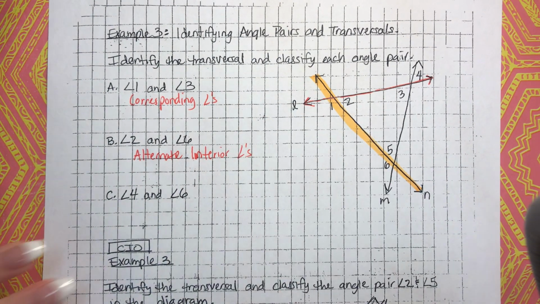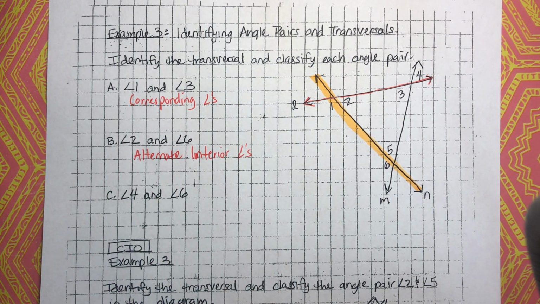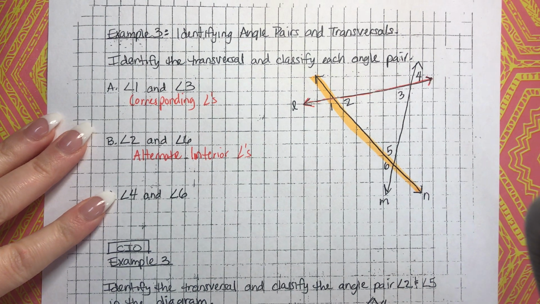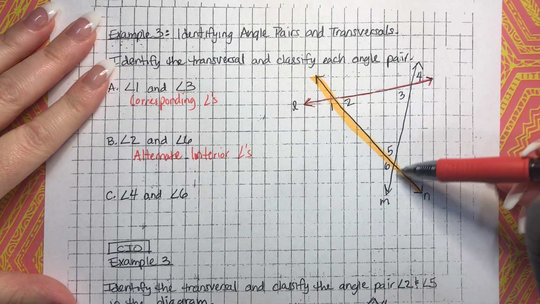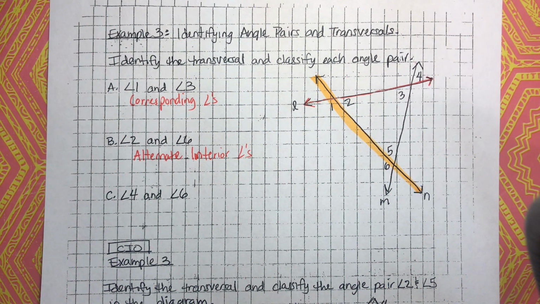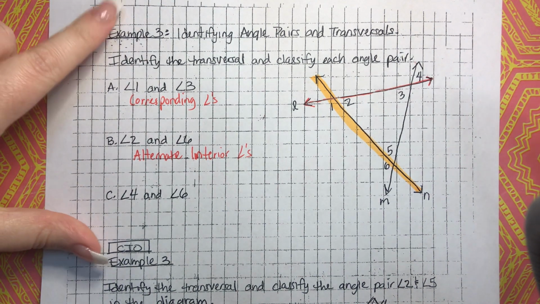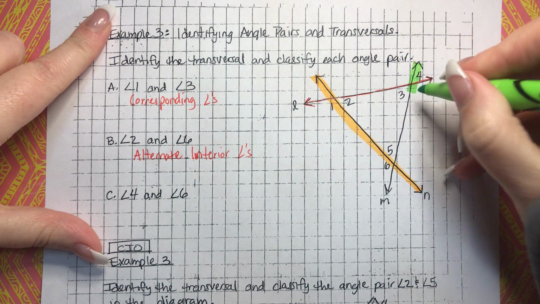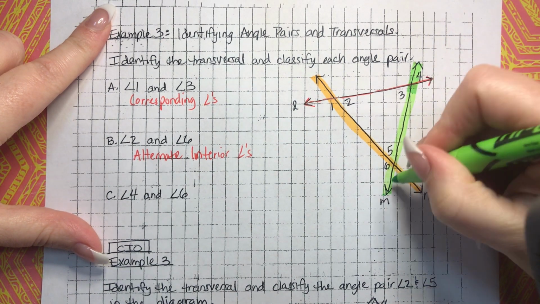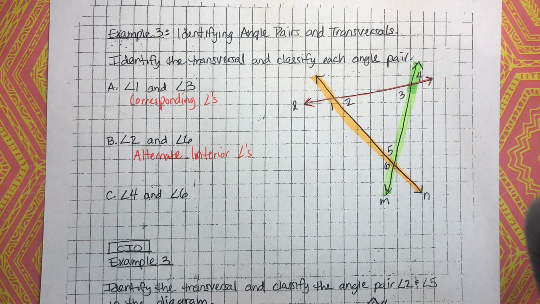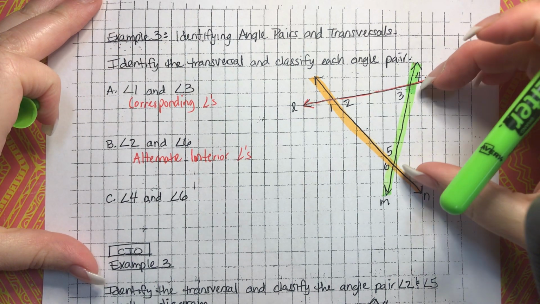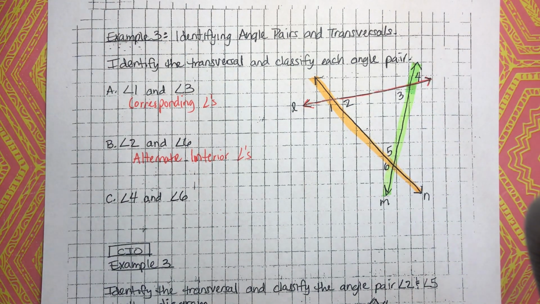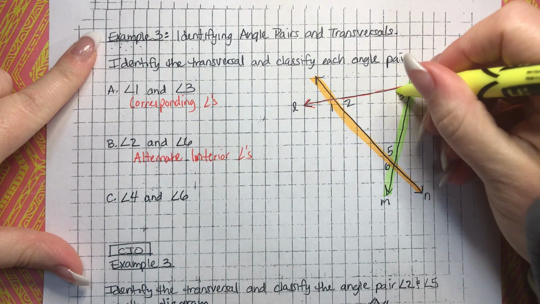All right. And lastly, we have angles 4 and 6. So 4 and 6 are right here, and we have a new transversal. So this line right here now becomes our transversal, and it cuts through 2 lines. So these are the two lines it cuts. If you see here, the inside of those two lines would be in here, right?